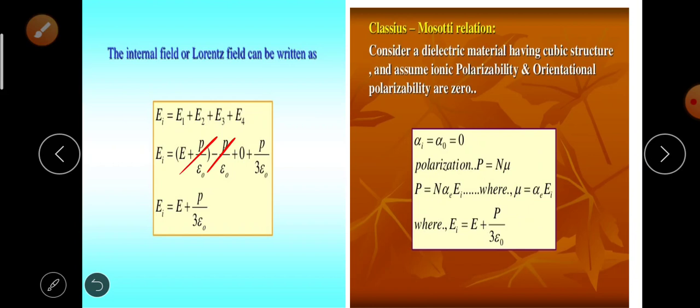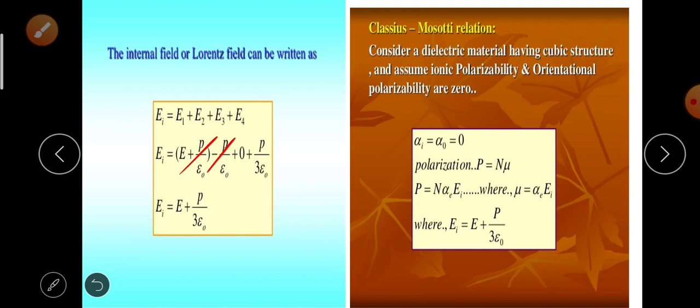Clausius-Mossotti relation. Consider a dielectric material having cubic structure and assume ionic polarizability and orientational polarizability are 0. Alpha_i = alpha_0 = 0.